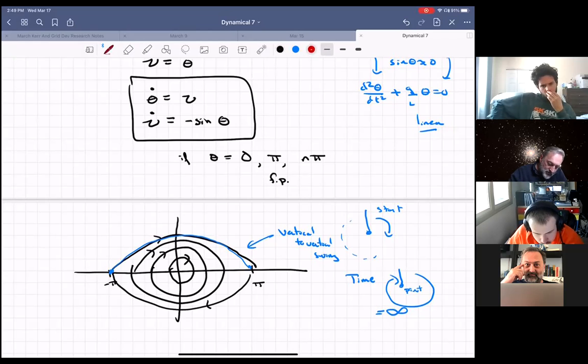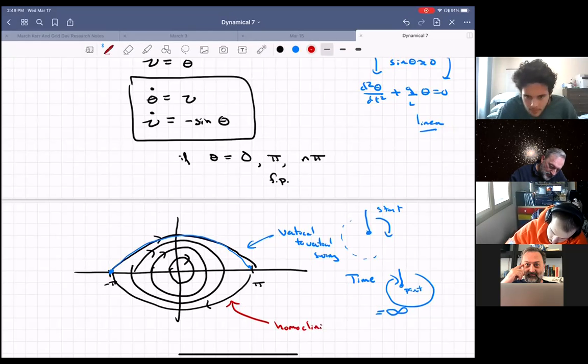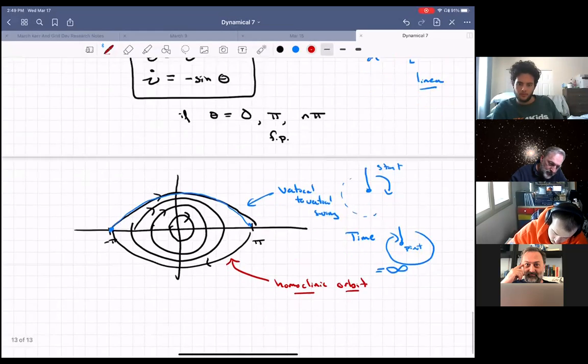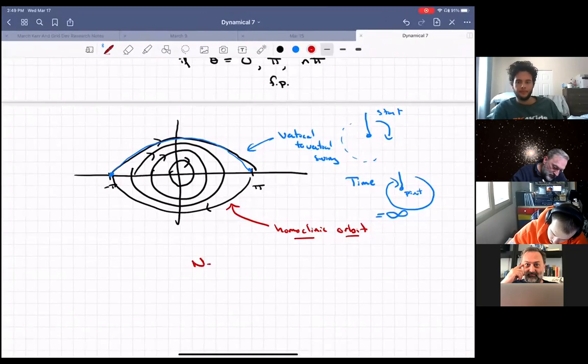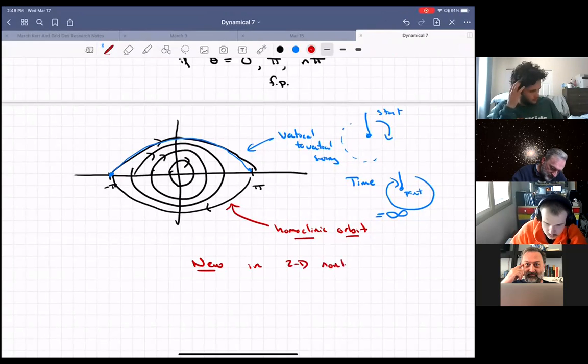Now, these orbits here that take the infinite amount of time to go around are called homoclinic orbits. And this is new in 2D nonlinear systems.